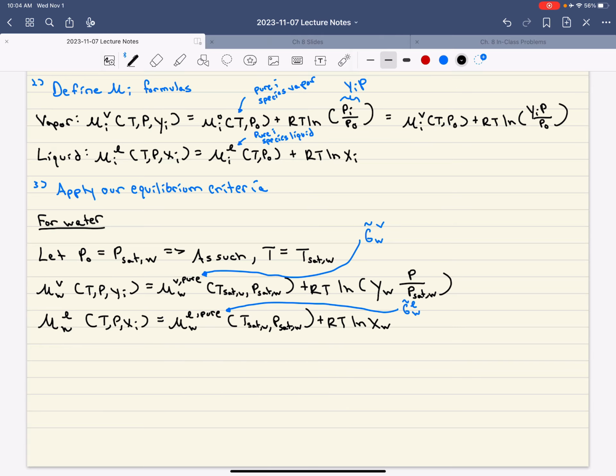In any case, we have our chemical potential equations, and so I'm going to set them equal to one another. So what we have is this.